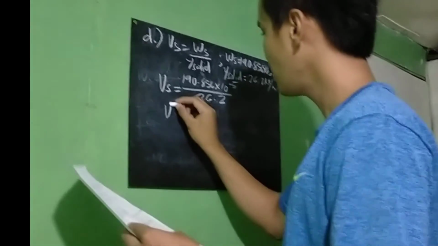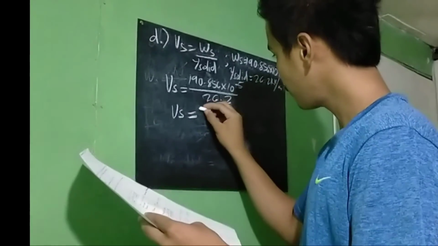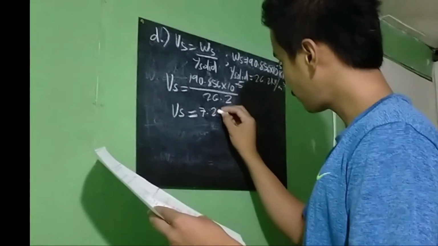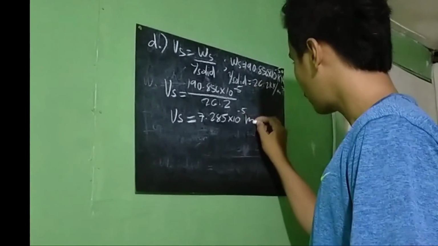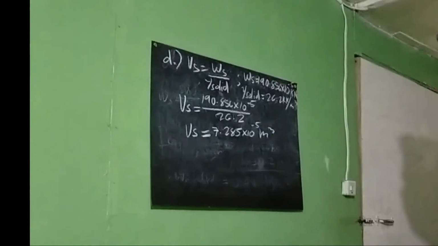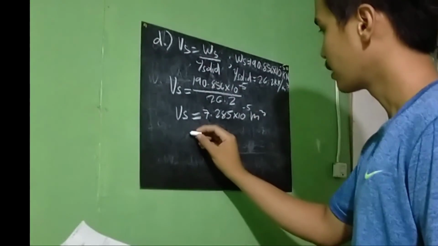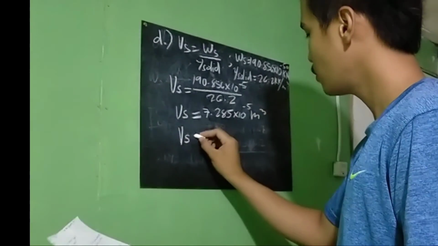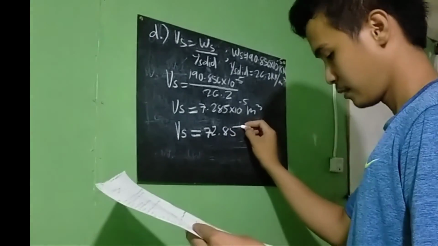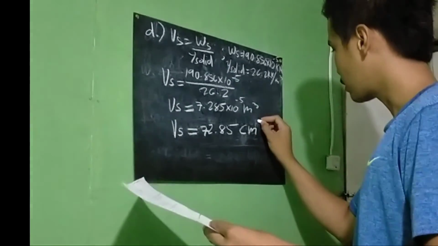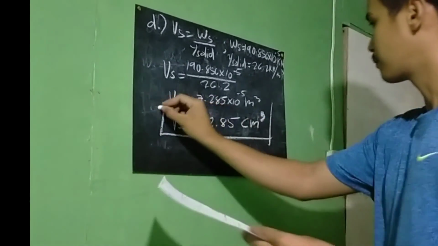So VS is equal to 7.285 times 10 to the power of negative 5 meter cube. Convert this into cubic centimeter. So the volume of solid is equal to 72.85 cubic centimeter.